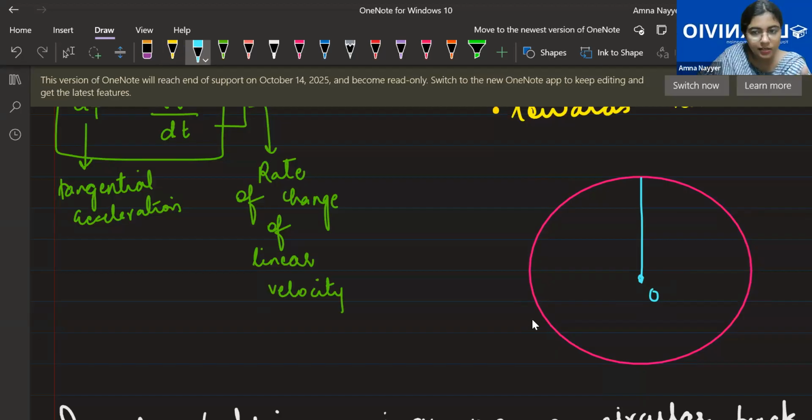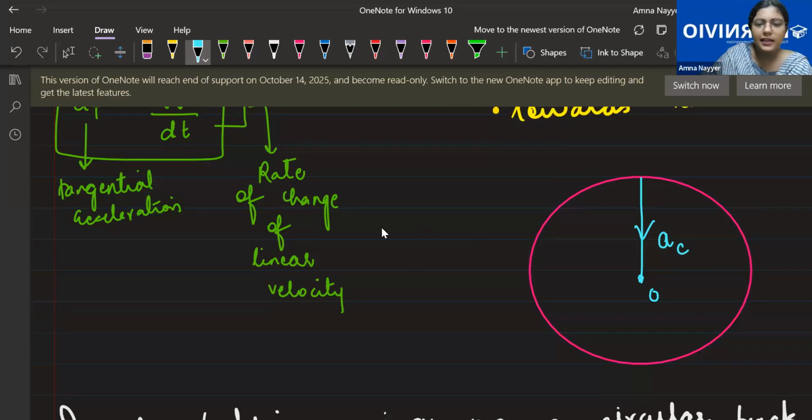One is tangent, one is along the diameter, one is perpendicular to the axis; there can be many directions. This one acts along the radial path, the radius of the circle. The second condition is that the centripetal acceleration is directed towards the center.